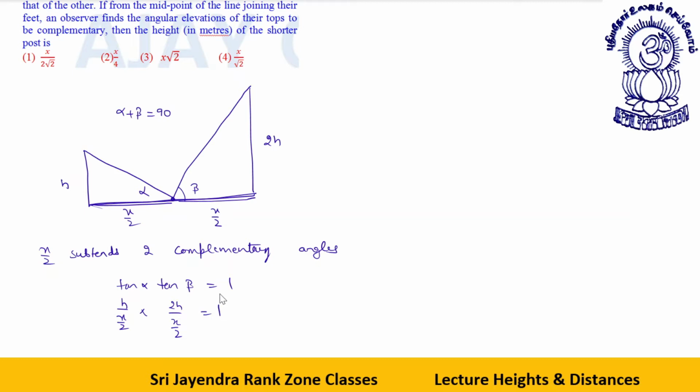This is equal to 1. From here, what I can say, 2h square is equal to x by 2 into x by 2, or h square is equal to x square by 8. From here, I can say h is equal to x by 2 root 2. Option 1 is the answer.